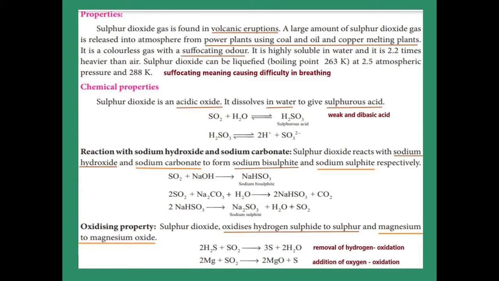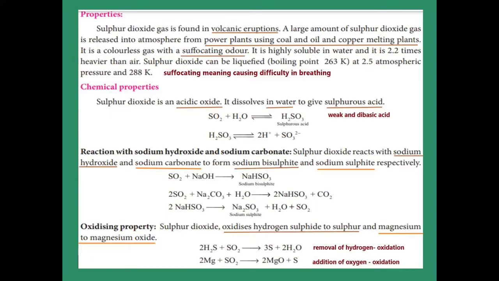The next one, oxidizing property. The sulfur dioxide oxidizes other compounds. First one, see the hydrogen sulfide. The hydrogen sulfide contains hydrogen. On the product side, the hydrogen sulfide is changed to sulfur. We are removing the hydrogen. So removal of hydrogen is also called oxidation. So here sulfur dioxide is used to remove the hydrogen from hydrogen sulfide. So it oxidizes the hydrogen sulfide to sulfur.